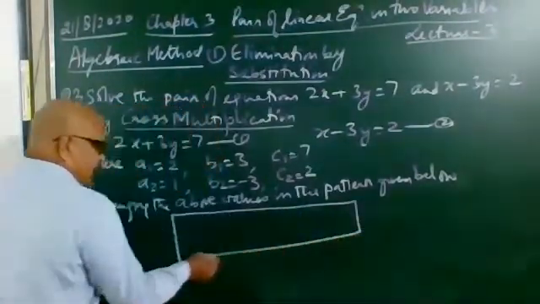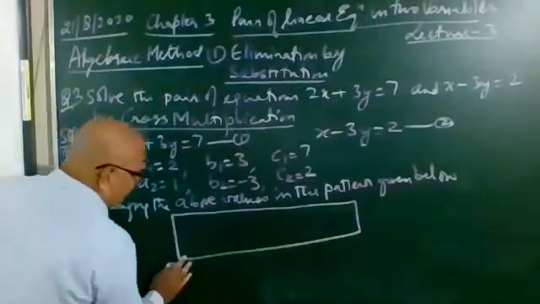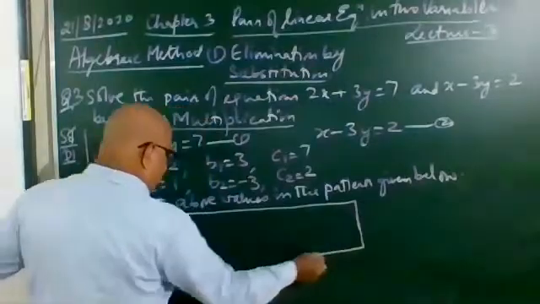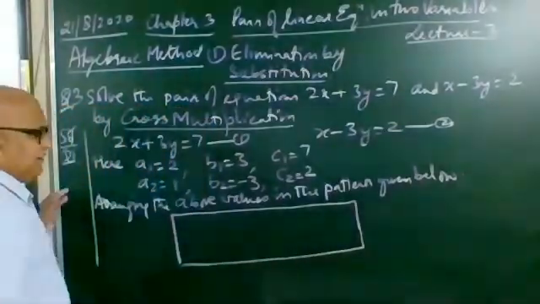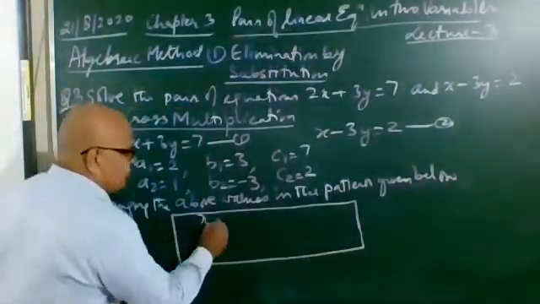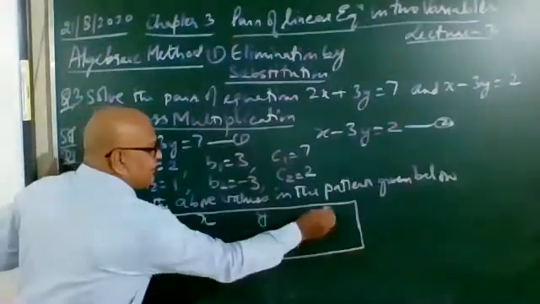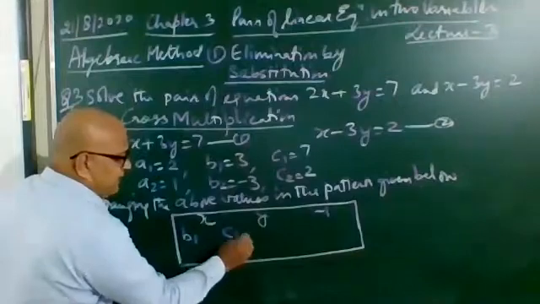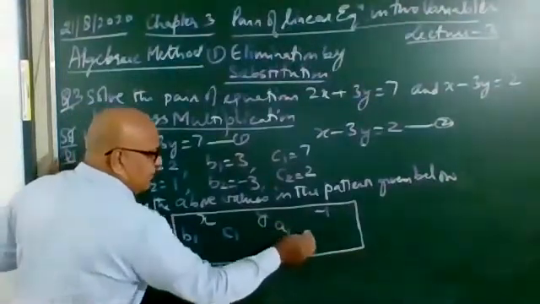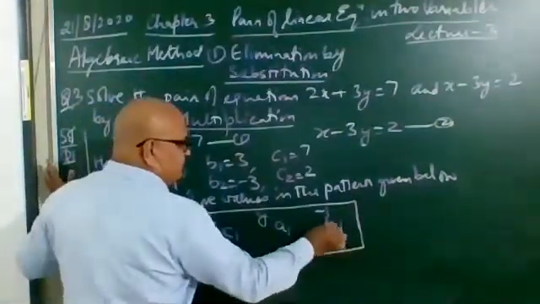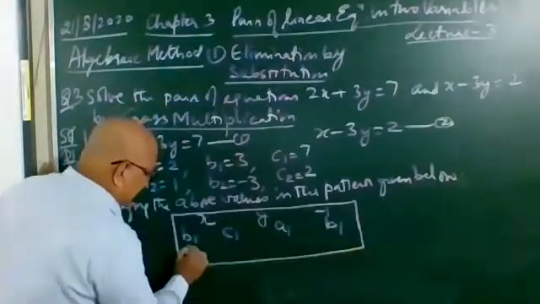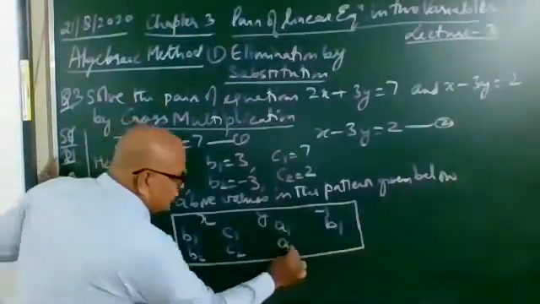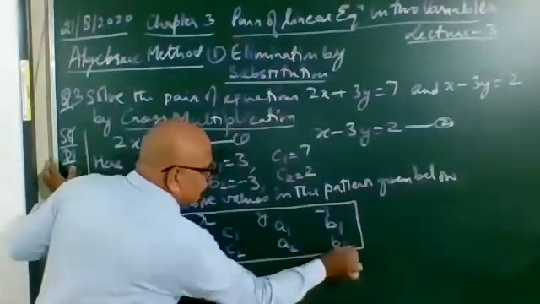No need to write this in the exam, but here you are doing it for the first time, and once you have done this, you have done this question. x, y, and minus 1. Write the pattern that I am saying: a1 and b1. After that b2, c2, a2 and b2.